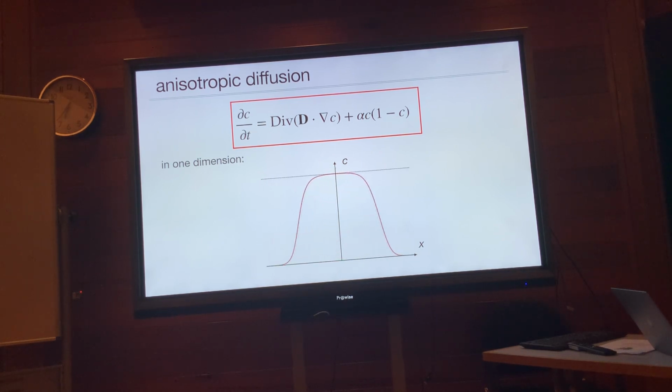In time, it would evolve, go to the maximum value, C equals 1, and start filling on both sides. That's the solution of the equation. And it's very nice because you can relate the velocity of propagation to the parameter D, the diffusion along the axon, and alpha is the one parameter that explains how quickly the population expands.